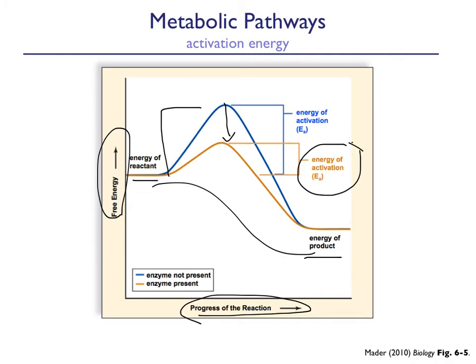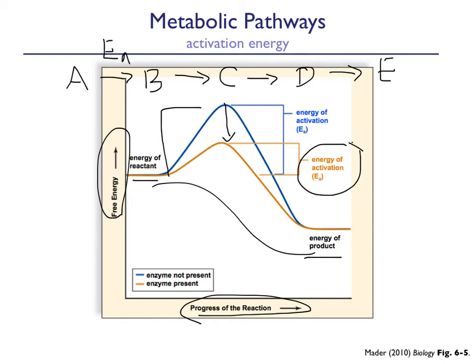Metabolic pathways: this is just a single reaction, but we can also talk about metabolic pathways. Typically what happens is not a single isolated reaction in a cell, but rather a pathway of reactions, where A reacts and converts to B, B is converted to C, C is converted to D, D is converted to E, and each one of these reactions would require a different enzyme to facilitate that reaction.